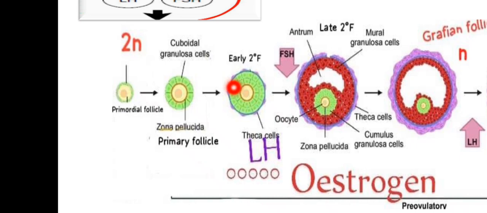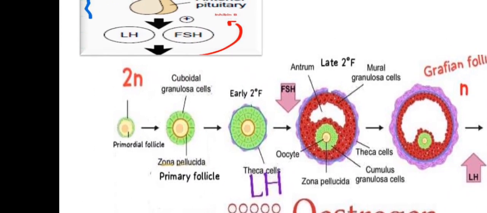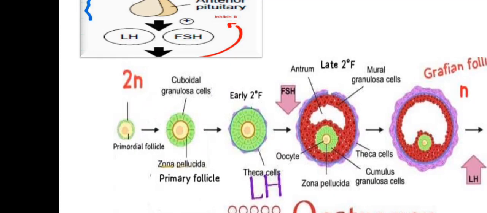Then from the early secondary follicle, follicle stimulating hormone will keep on being produced from the anterior pituitary gland, from day 1 to day 14, making sure that this follicle keeps growing bigger until it's forming this kind of structure.